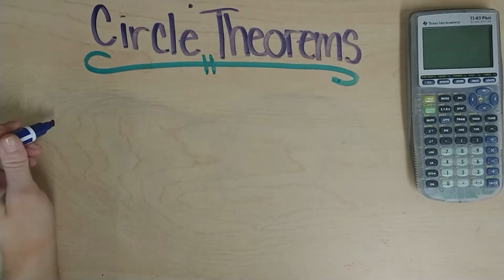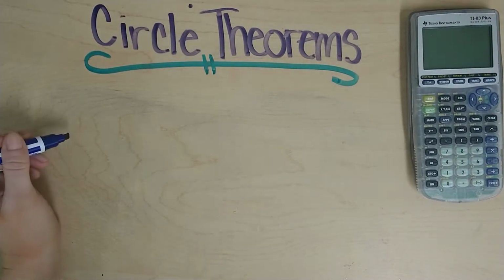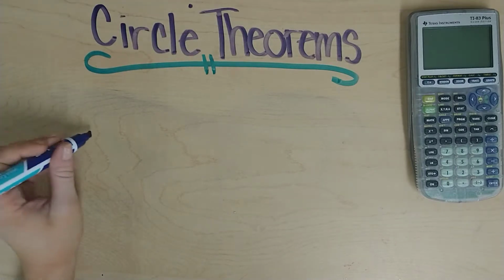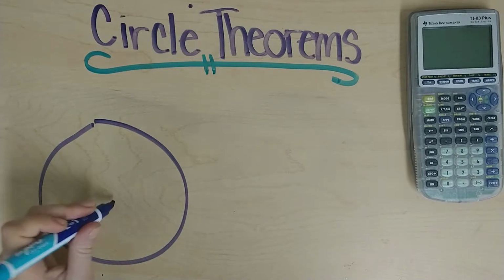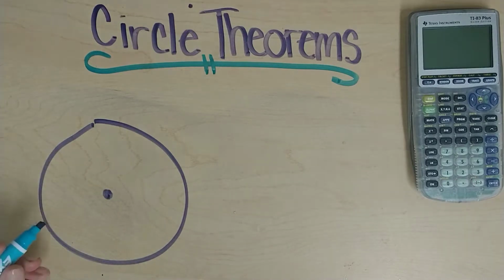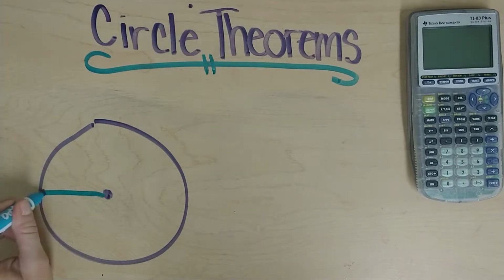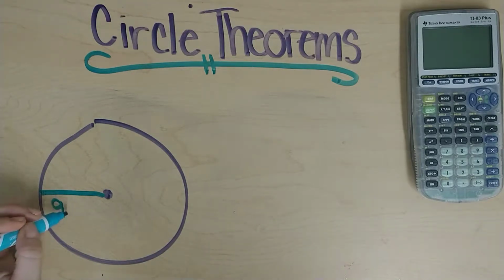Next, I'm going to do one example of finding either radius or diameter in a circle. Here's our circle. Here's my center. I'm going to draw a radius. My radius is 9 meters. I'm trying to figure out what my diameter is.